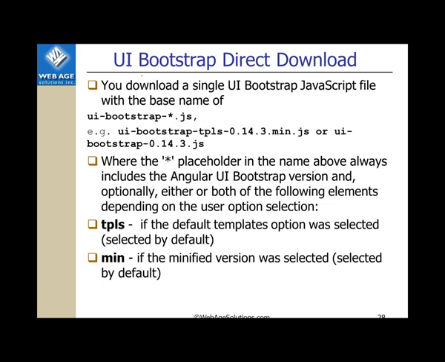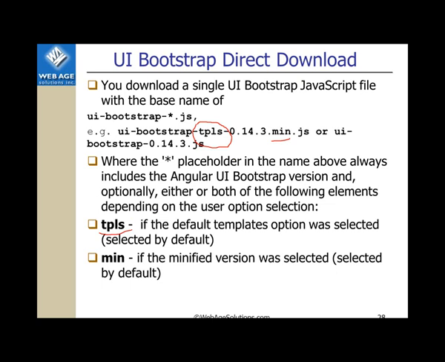So what you have here, we've got those files which have tpls in their name. tpls is an indication that this JavaScript file, which is minified, contains Bootstrap code serialized, or kind of encoded or embedded in JavaScript. And you will see it in a moment. That tpls is the way to get everything in a single package.